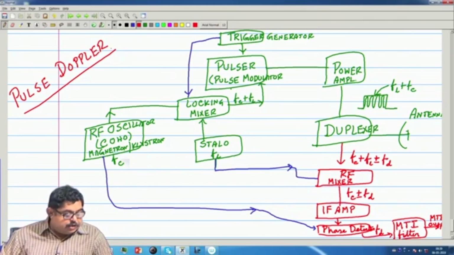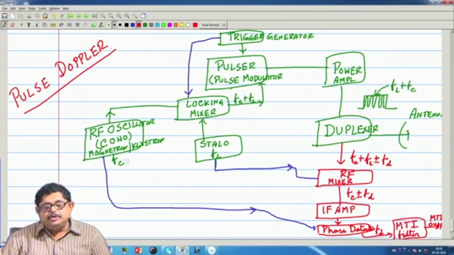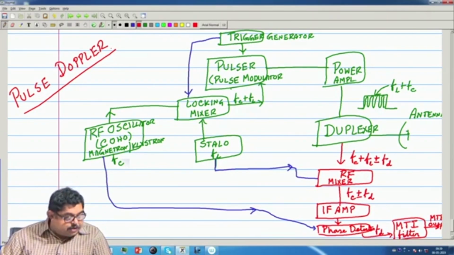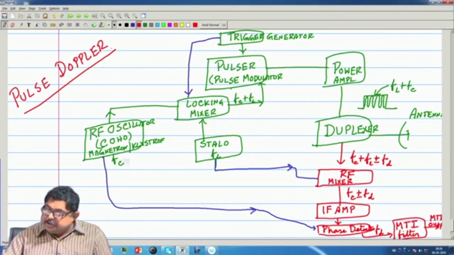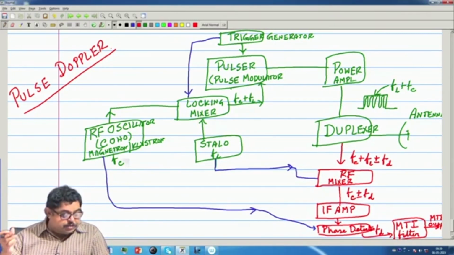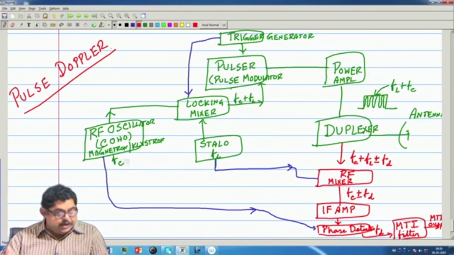If the oscillator is a magnetron, the phase of the RF signal at the start of a pulse may be anything from 0 to 360 degrees, but we know that in an MTI the phase of the return echo must be compared with the phase of a reference signal.